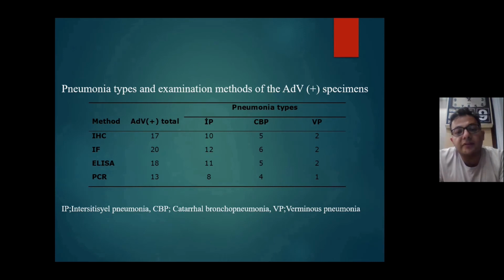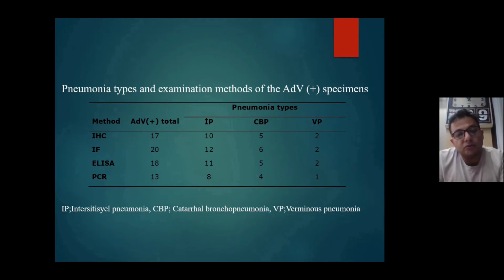Pneumonia types and examination methods of the adenovirus-positive specimens. Total number: 88. By immunohistochemical methods, 70 positive. By immunofluorescence methods, 20 positive specimens.